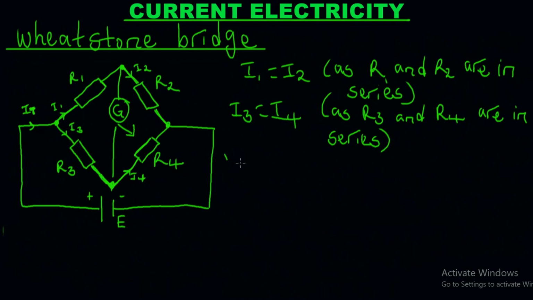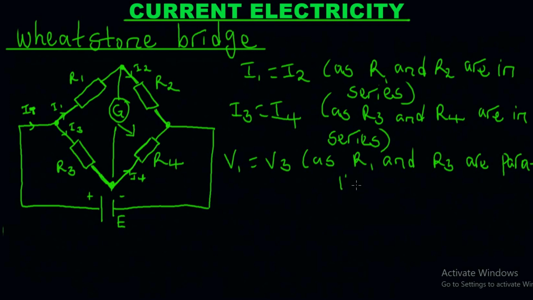So let's start with V1, which is equal to V3 as R1 and R3 are parallel. Likewise, V2 is equal to V4 as R2 and R4 are parallel.